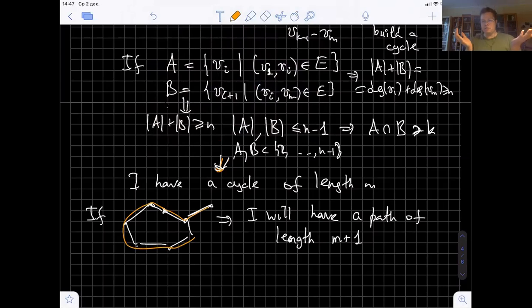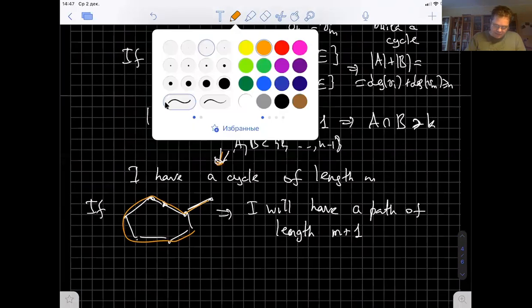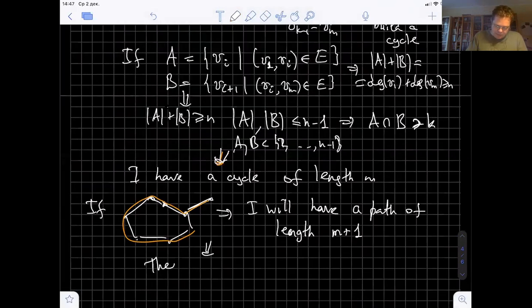But I already chose a path of maximal length, so I cannot have any other vertex connected with this cycle.